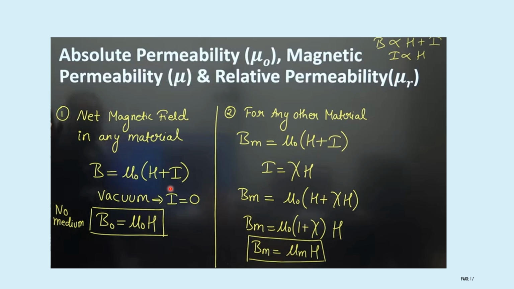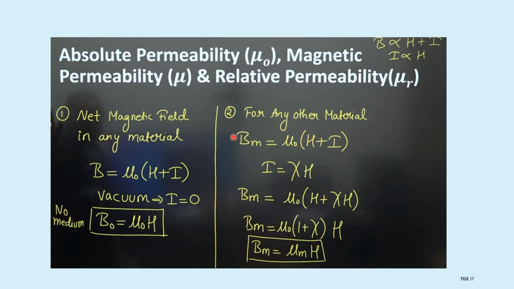There is no magnetic dipole. There is no alignment of magnetic dipoles. Therefore magnetization will be 0 in the case of a vacuum. Therefore I will be 0. Substitute in this formula. Then B naught will be equal to mu naught into H in the case of a vacuum or no medium.